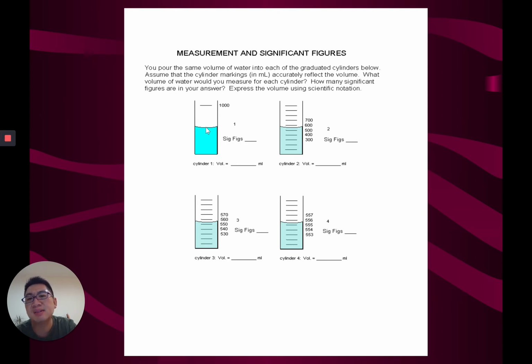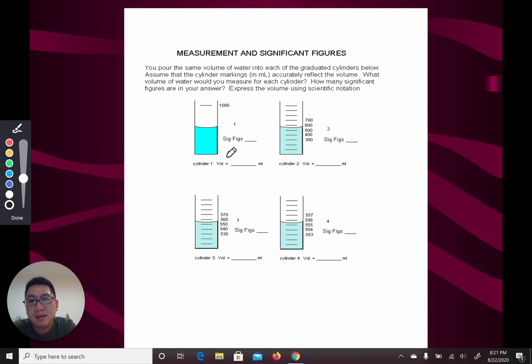Either way, it's about halfway. I don't know, maybe 500 milliliters is probably what I would write. I can't write on this screen. Whatever, 500 milliliters.